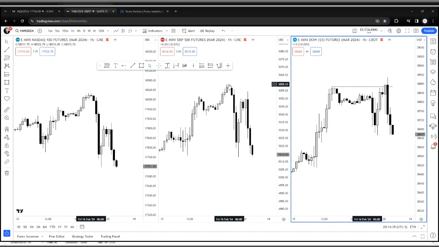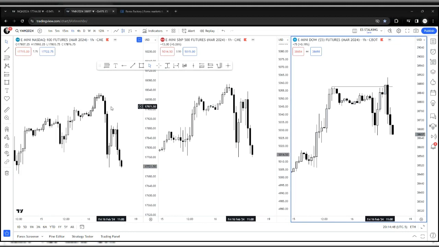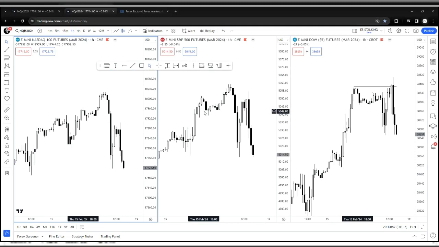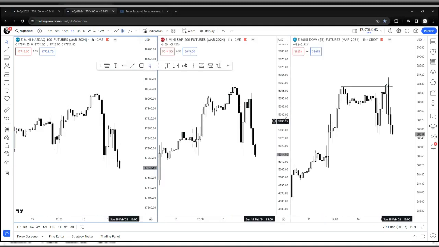People usually do it backwards, right? They study FVGs or they study order blocks or they study turtle soup, but you're not going to know which order block is fake, which fair value gap won't work unless you apply this, right?